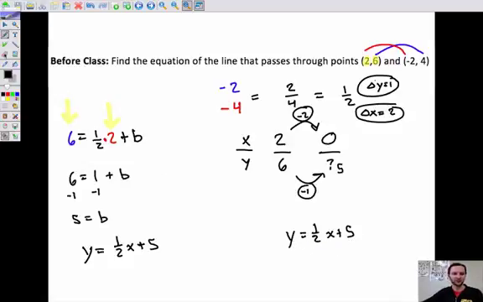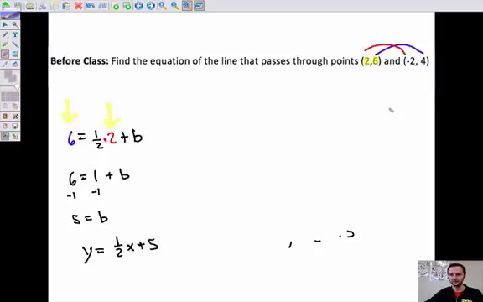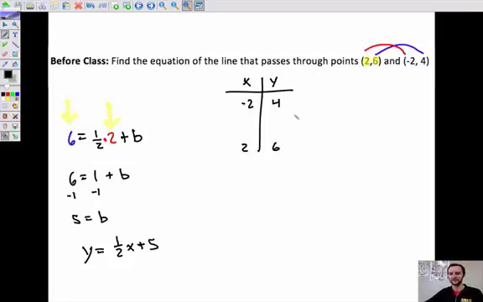I'll show you the table just one more time, just in case you like that and want to see another example. So here's my xy table, -2, 4, and leave some space, and make 2, 6. The spot I'm looking for here is when x equals 0. I want to know y. And I've determined that my slope is 1 over 2.